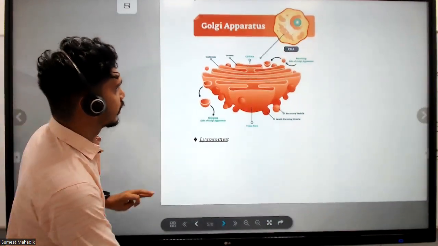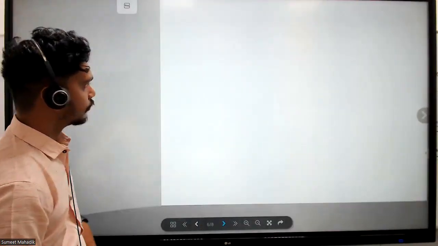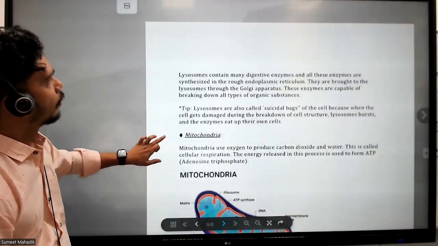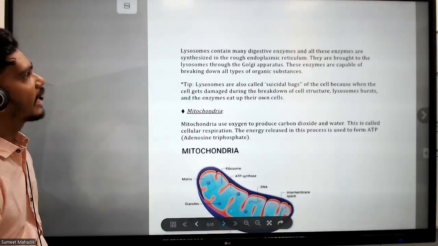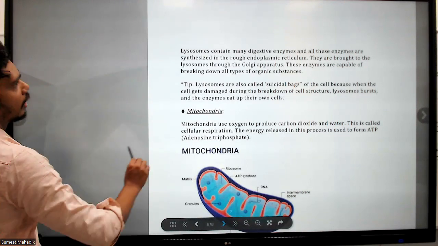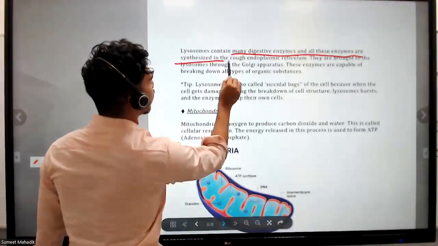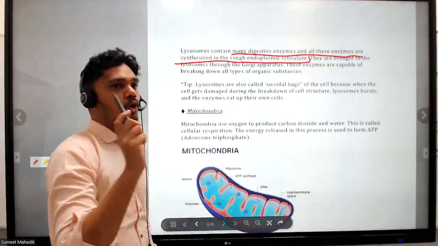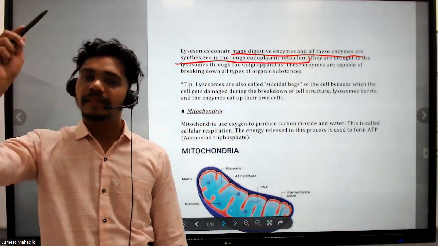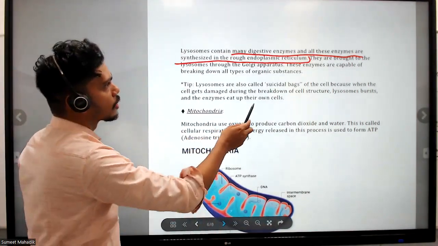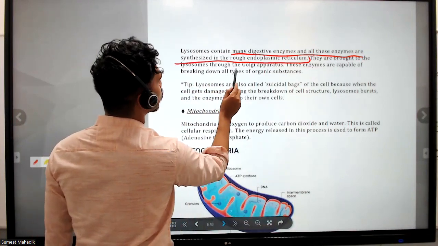Now, we are going to study the lysosome here. What are lysosomes? Lysosomes contain digestive enzymes. There are many digestive enzymes, and all these enzymes are synthesized in the rough endoplasmic reticulum. So the enzymes present in the lysosomes come from there. They are brought to the lysosome through the Golgi apparatus.